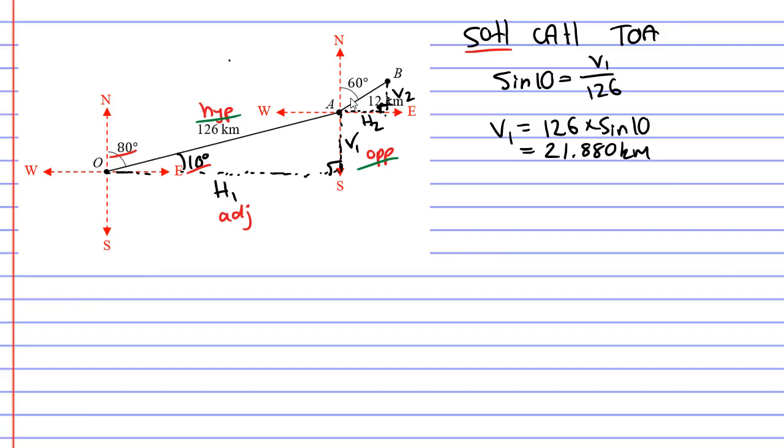Now we need to find H1, and in order to find that, we need to focus on the adjacent H1 and the hypotenuse 126. And adjacent and hypotenuse means we're using the middle part of our acronym, or cos. So cos of 10 is going to be adjacent over hypotenuse, which is H1 over 126.